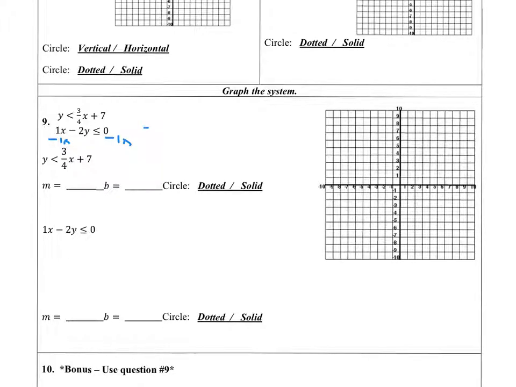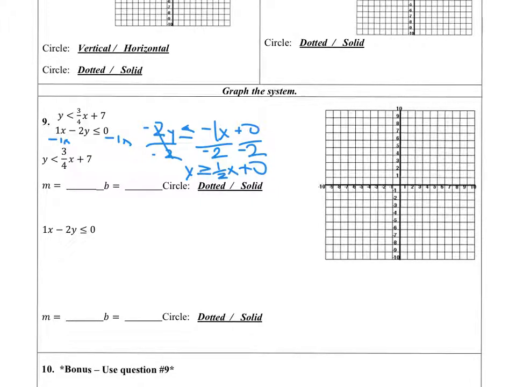Then you're going to have negative 2y is less than or equal to negative 1x plus 0, and then divide by negative 2. So now you're left with y, and since I divide by a negative, I have to flip that sign around. 2 negatives make a positive, so 1/2 x, and it's just going to be plus 0.